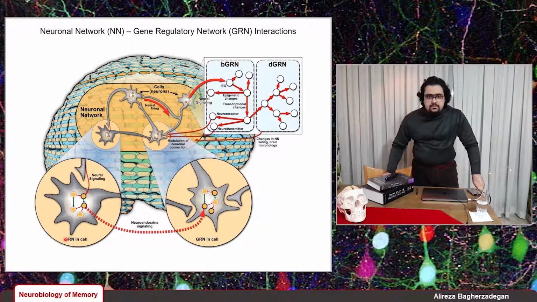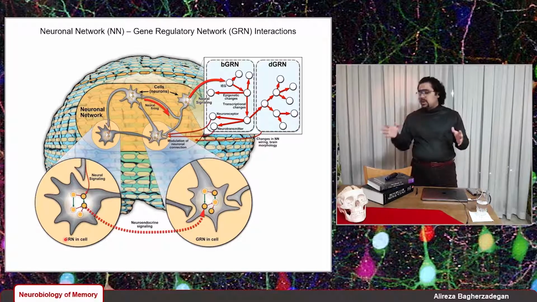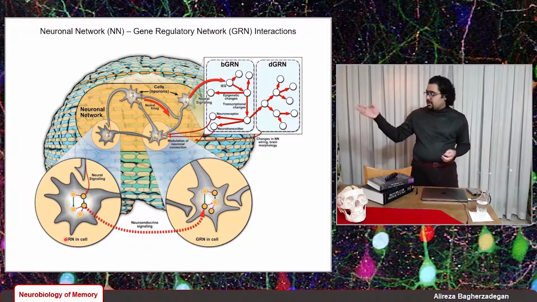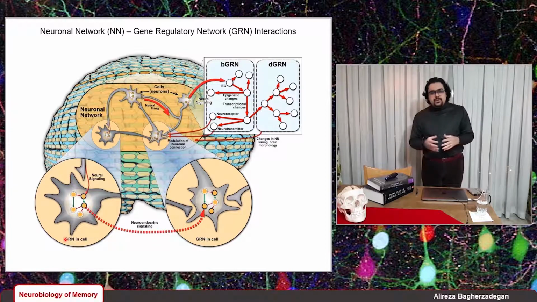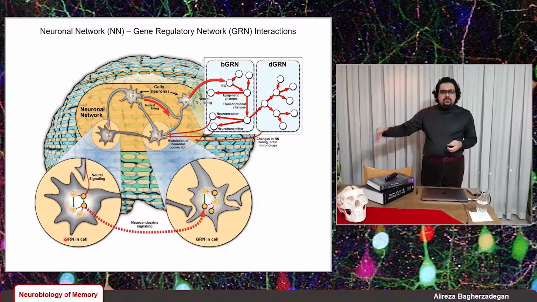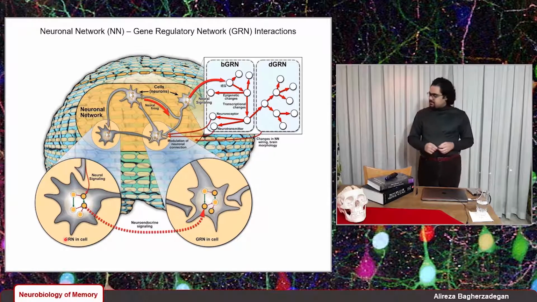Well, we have gene regulatory networks. We all know what neural networks are. Of course, you know what gene regulatory networks are, but again, I'm going to explain them. Gene regulatory networks are complicated networks of proteins, mostly transcription factors and co-activators and related proteins, that orchestrate or regulate the expression level of individual proteins within the cell.